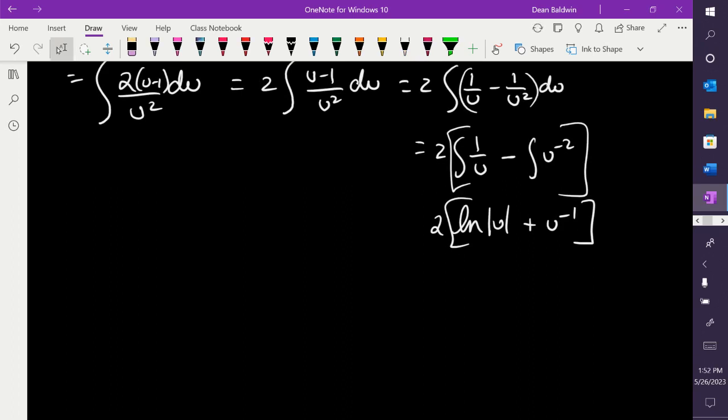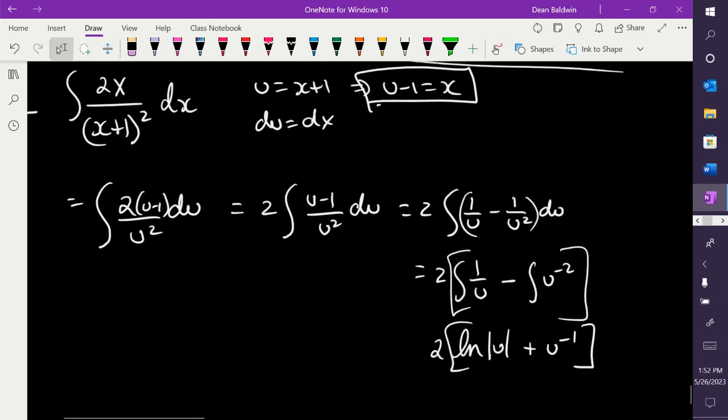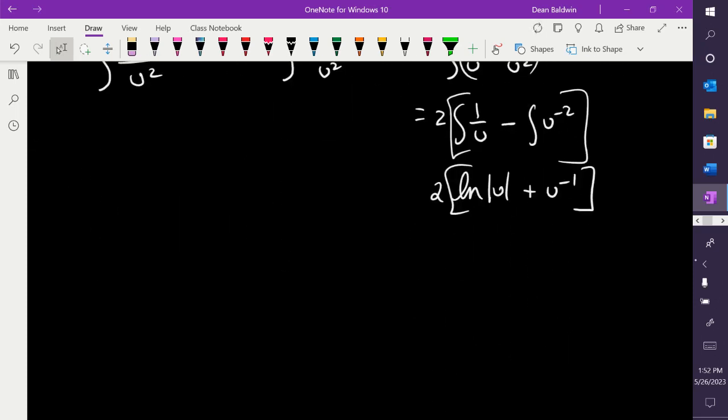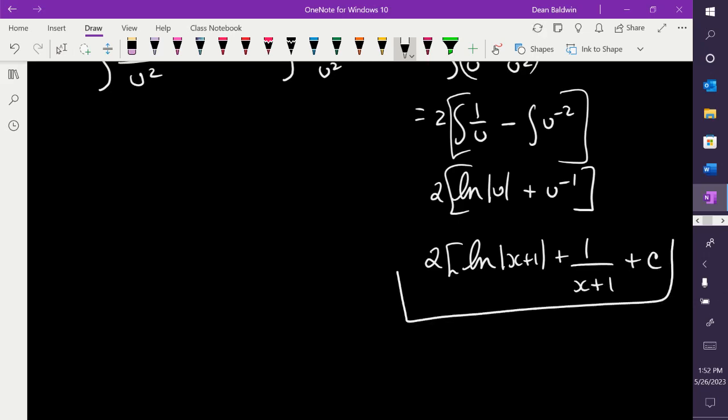So we're going to put our u's back in and then add the plus c at the end. What was u? I don't even remember. x plus 1. So we get 2 natural log of x plus 1 plus, I'm going to write this as 1 over x plus 1, plus c. And it's 2 times both of those. Boom. You could put the 2 into both of them if you wanted.